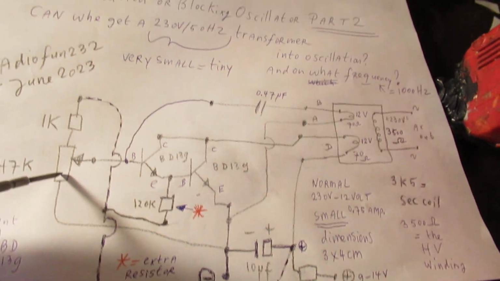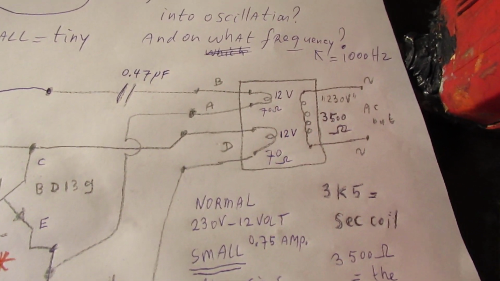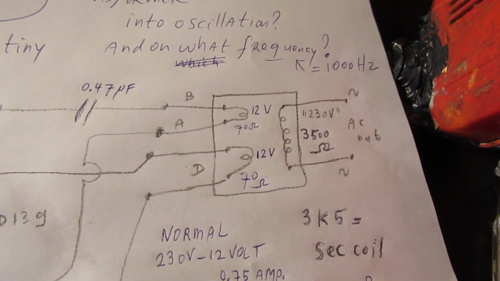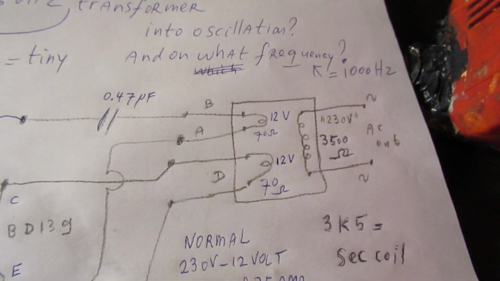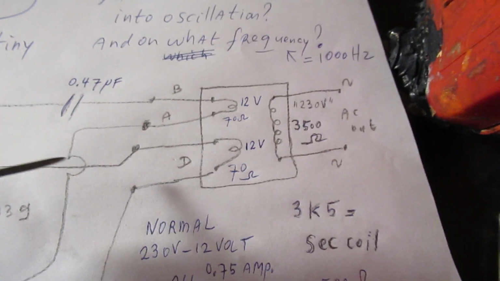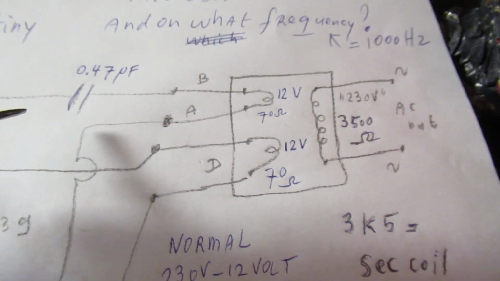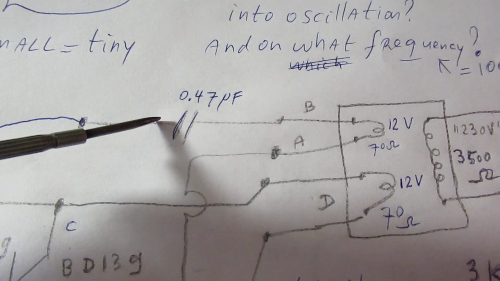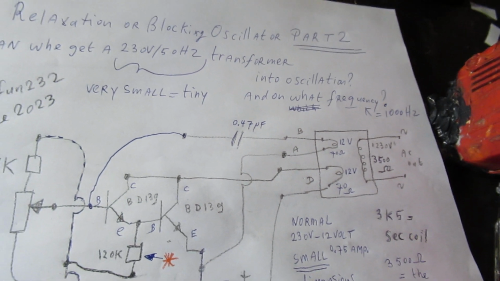And by the way, very important when you want to use such a transformer that was made originally for 50 Hertz or 60 Hertz, the frequency must be lower to get a good high voltage out. So that's a reason why I used here a 0.47 microfarad capacitor.